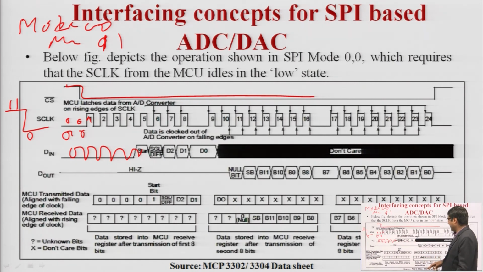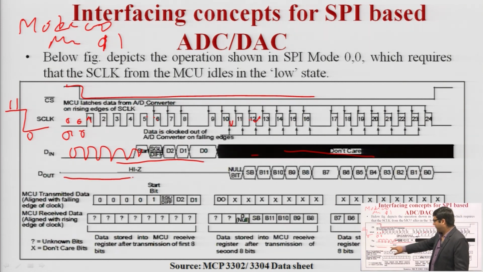Here you can see that we are transferring the data D in, D1, D0 at the rising edge. So at each rising clock, we are sending the data. D in will only work at the rising edge, but at the falling edge, what will we do? You can see here that at the falling edge there is a don't care condition. D in only works at the rising edge, not the falling edge.